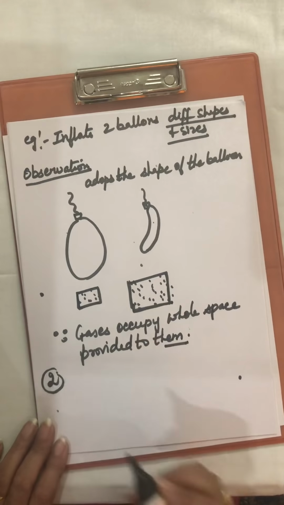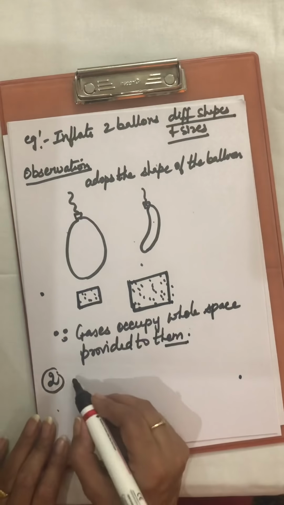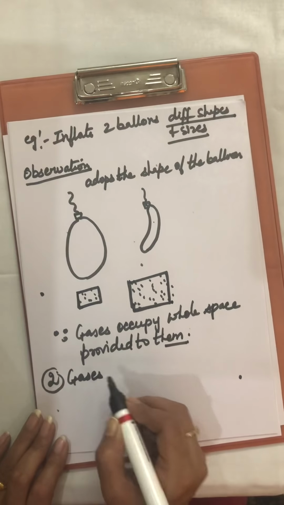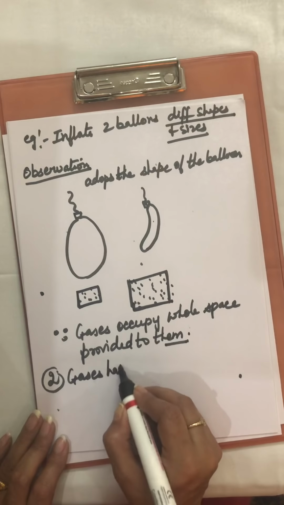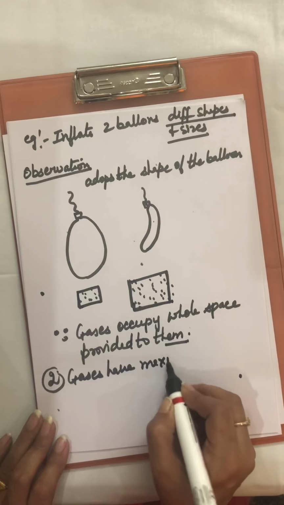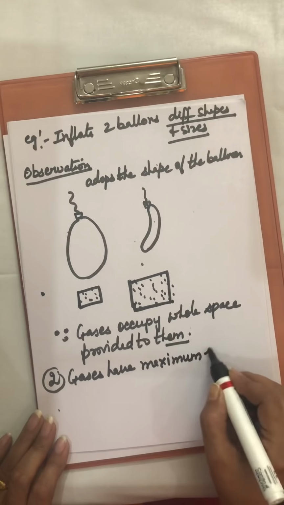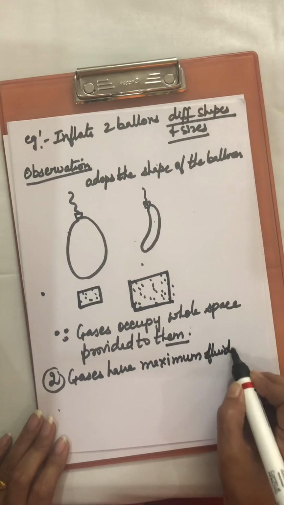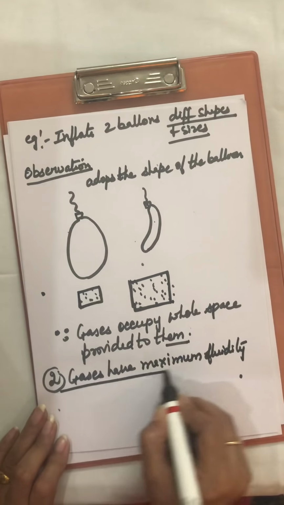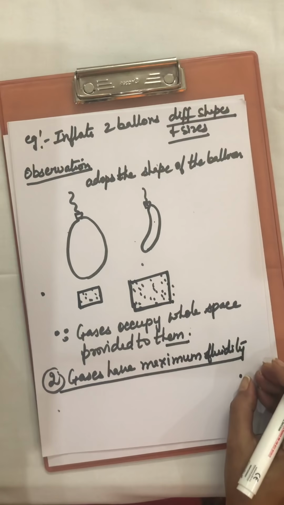Second property of gases: gases have maximum fluidity. They can flow faster as compared to liquids.